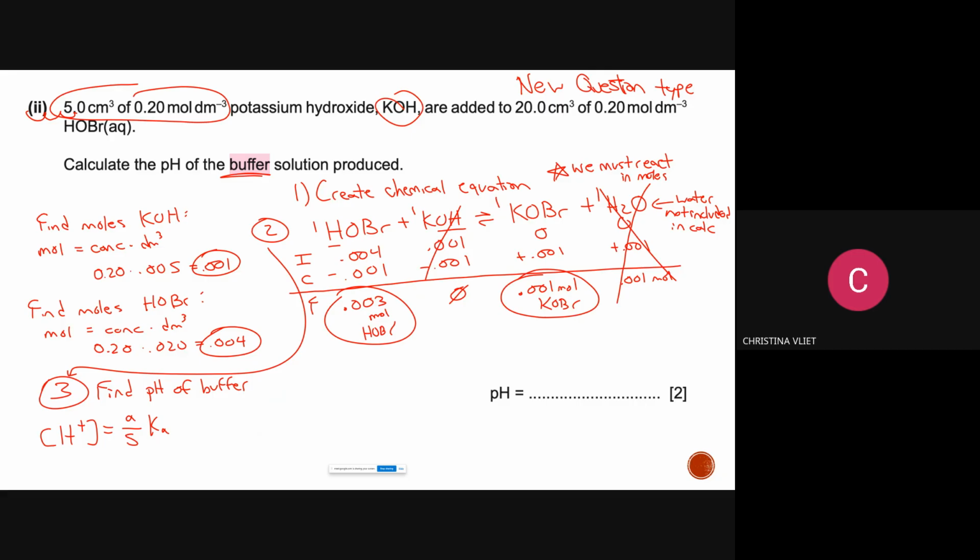As long as the units are the same, you're looking for the ratio between your acid and your salt. So you do not have to change these back to concentrations. You can plug in the numbers as is. Good with that? So this becomes 0.003 over 0.001. What's my Ka?